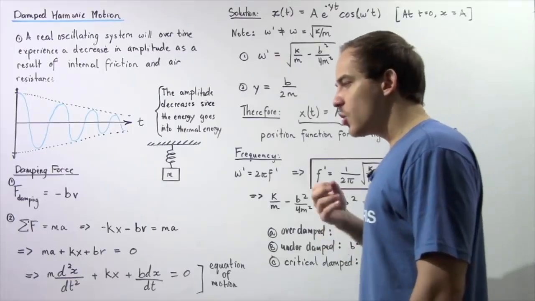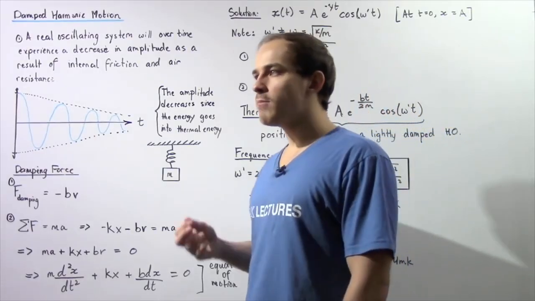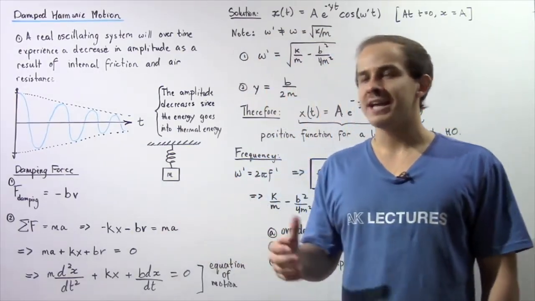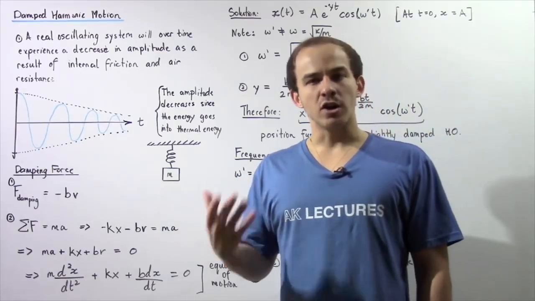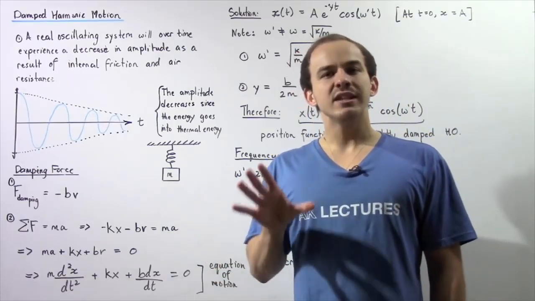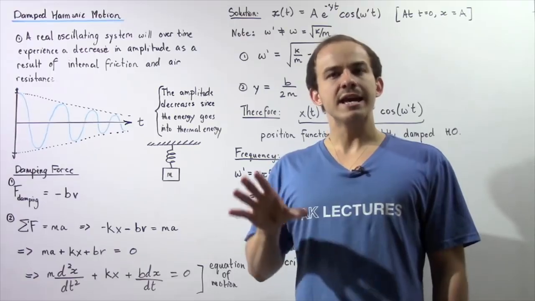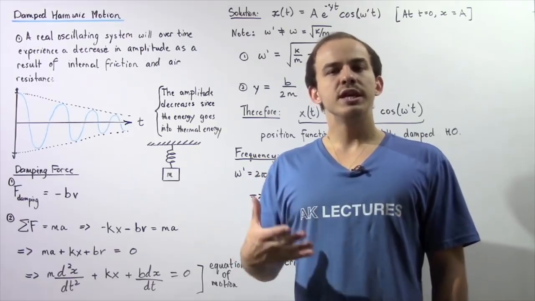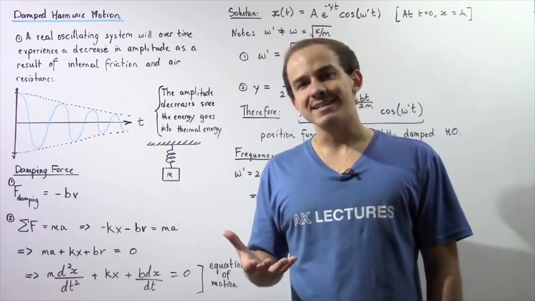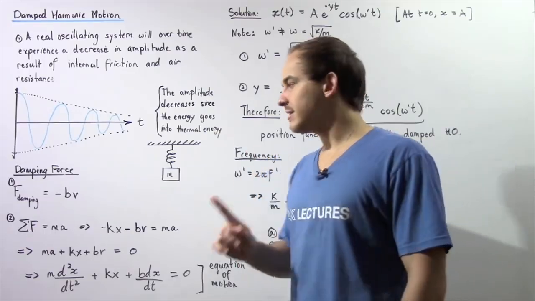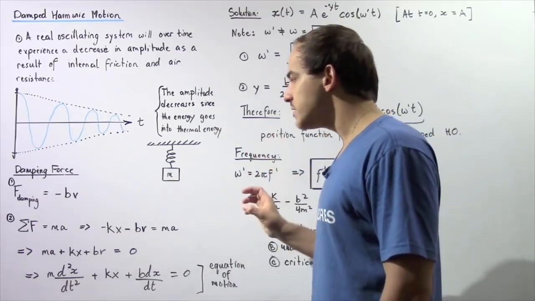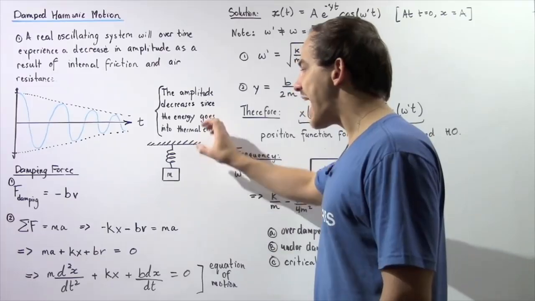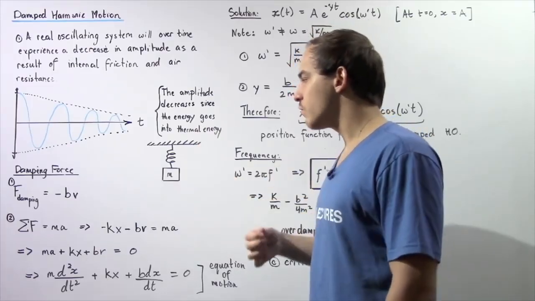So in other words, when we spoke about simple harmonic motion, which is essentially an idealized type of harmonic motion, we neglected the air resistance and frictional forces. But these forces do in fact exist. And in a real oscillating system, these forces will decrease the amplitude of the oscillation over time.